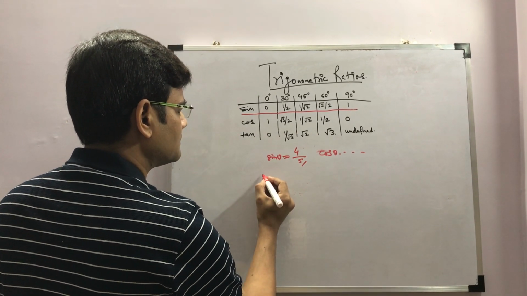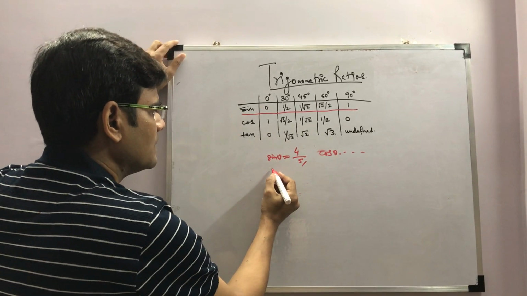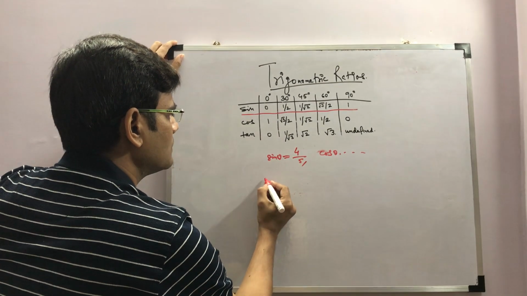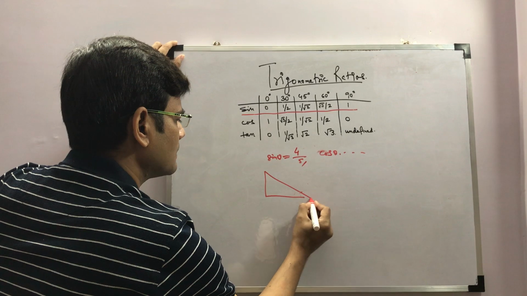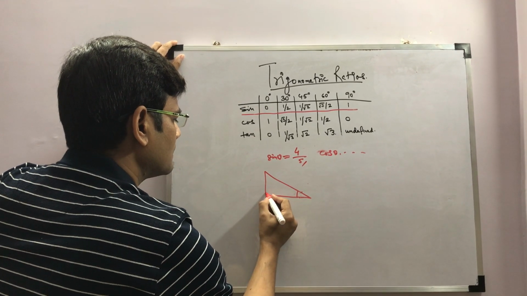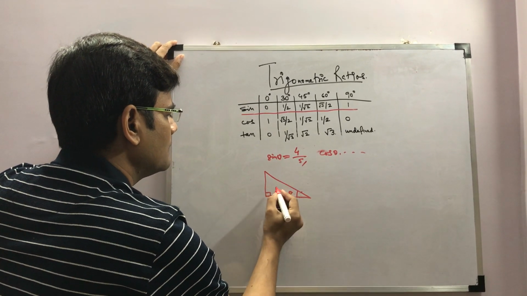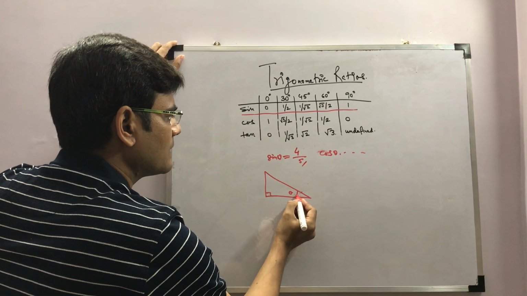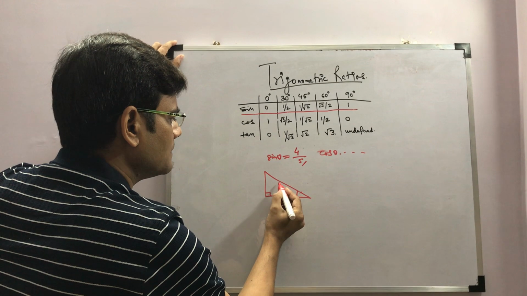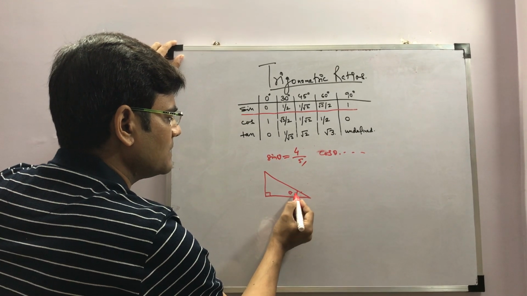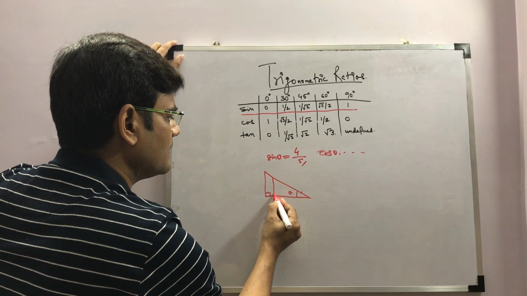You do it like this. First of all, you draw a triangle. This is theta. Keeping theta constant, you can draw an infinite number of triangles.